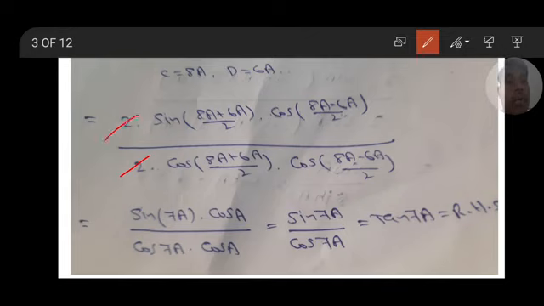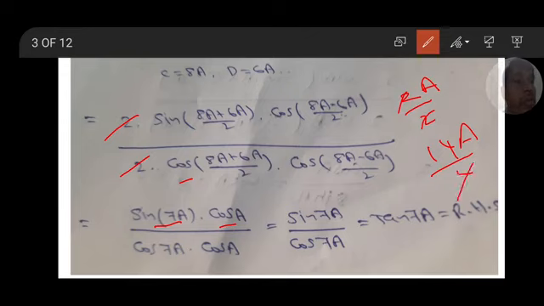Here the 2 cancels. 8a plus 6a means 14a, and 14a by 2 means 7a, so sin 7a. 8a minus 6a means 2a, and 2a by 2 means a, so cos a. In the denominator, cos of (8a plus 6a) by 2 means cos 7a, and cos of (8a minus 6a) by 2 means cos a.